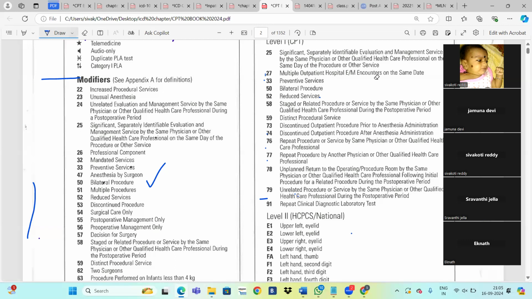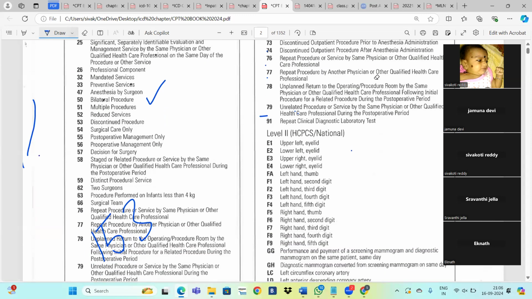Then come to 62, two surgeons. Two surgeons means the procedure is performed by two surgeons. Two surgeons did the same procedure. Like 66, surgical team, which means more than two members.